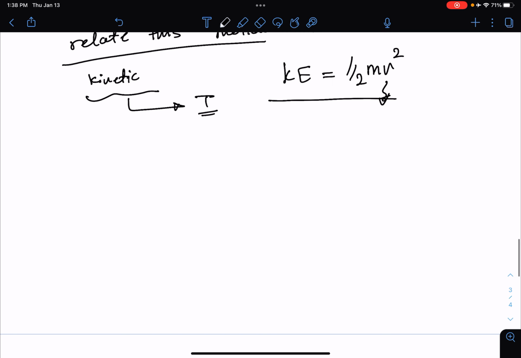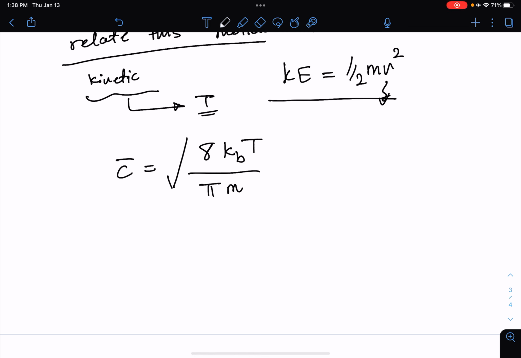We are not going to go into the proof of this, just accept it from me, that the average speed of the molecules, C bar, is the square root of 8 multiplied by a constant, k_B, multiplied by the temperature of the bulk of the gas, divided by pi divided by m.